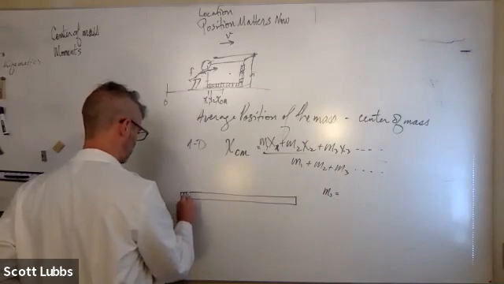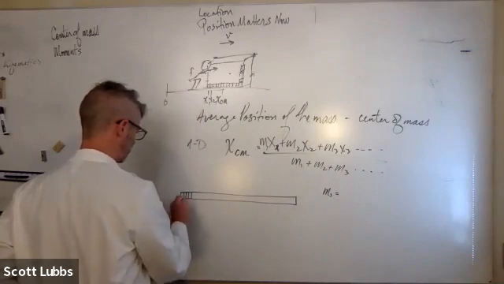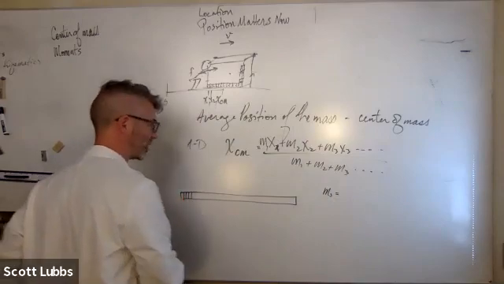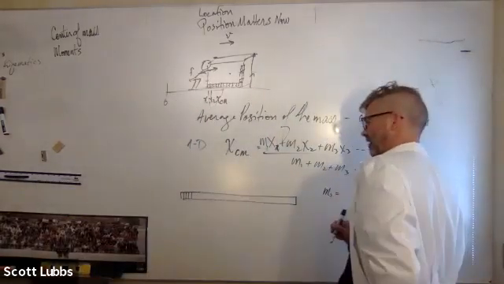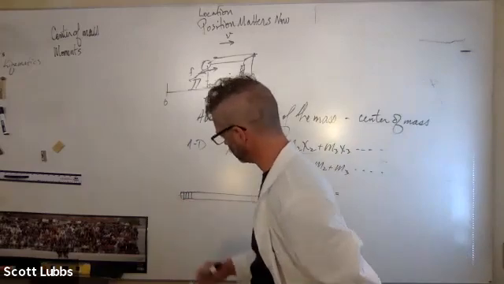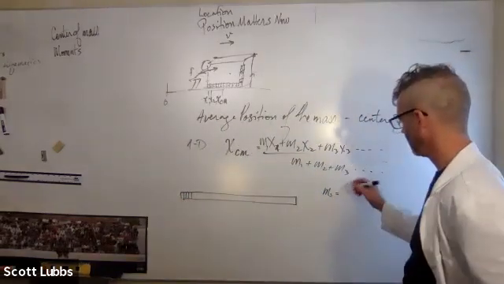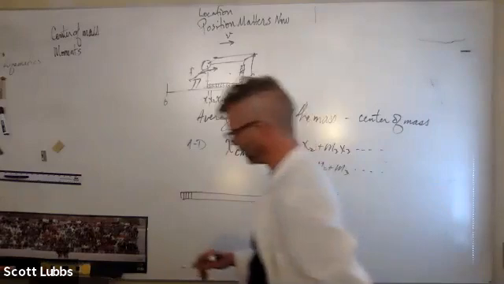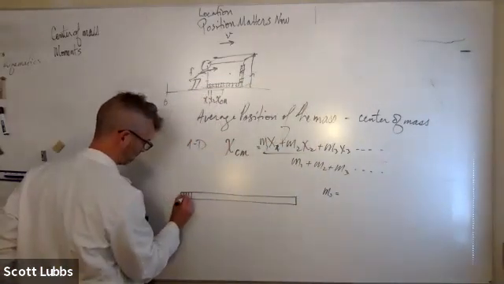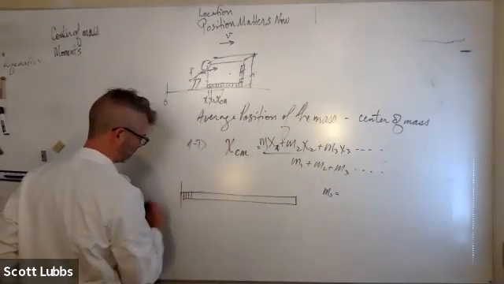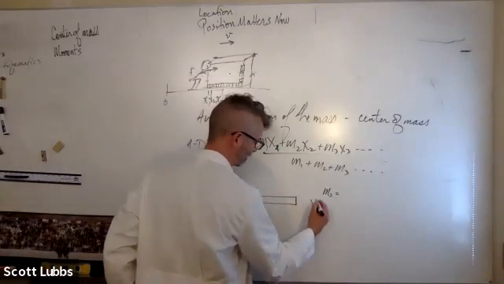And we'll say it's all 1 centimeter, break this up into little 1 centimeter chunks. Each little chunk will be 1/10 of a gram. Where is the location of the center of mass of my meter stick?